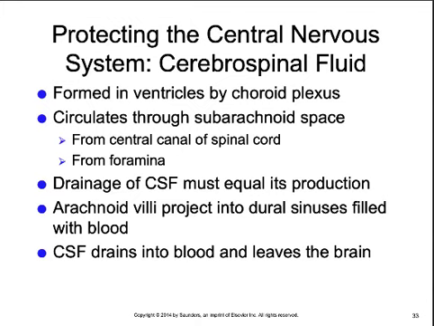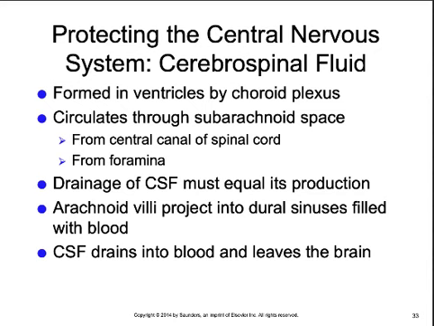And so that has a flushing effect. The CSF is made of water, glucose, protein, and sodium and chloride ions. We'll look at a diagram that shows the ventricles and the flow in just a minute.